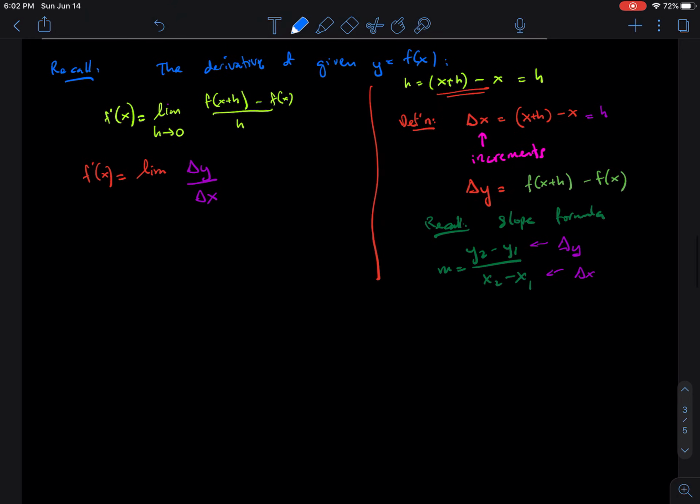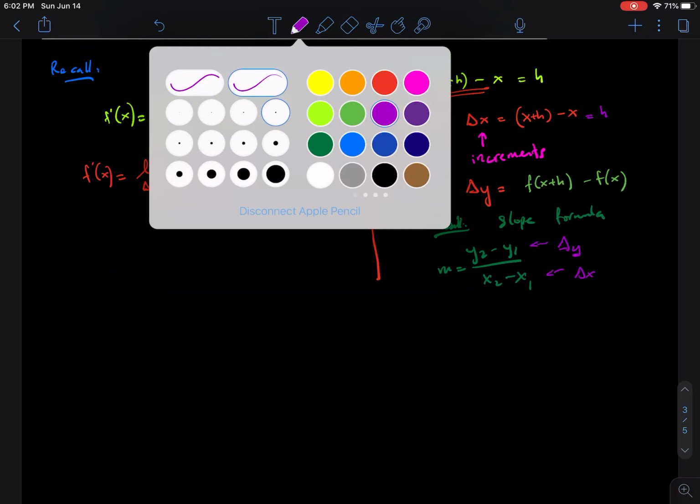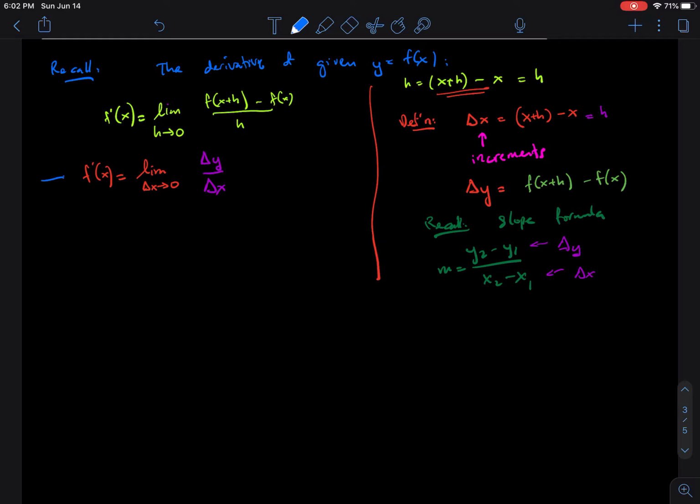Instead of letting h go to 0, we have the limit as delta x goes to 0, because delta x is equivalent to h. By introducing the new notation, we rewrite the definition of the derivative in limit form. If the limit as delta x goes to 0 exists, then this is how we get the derivative.